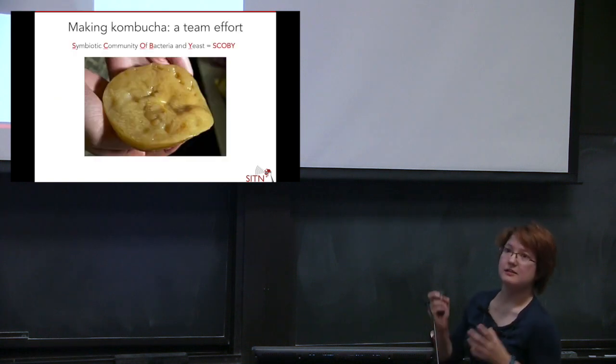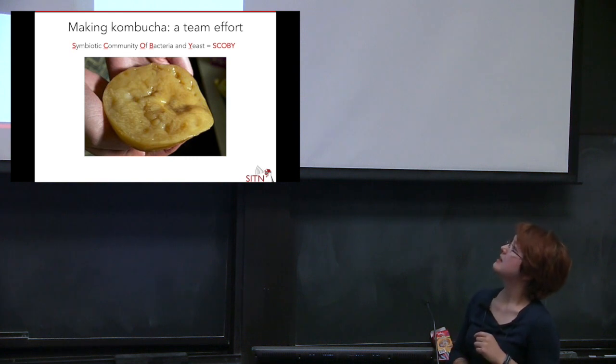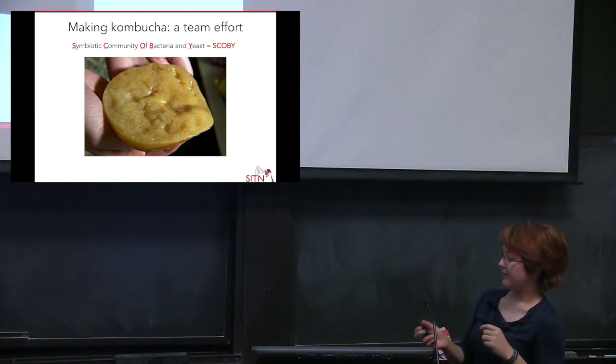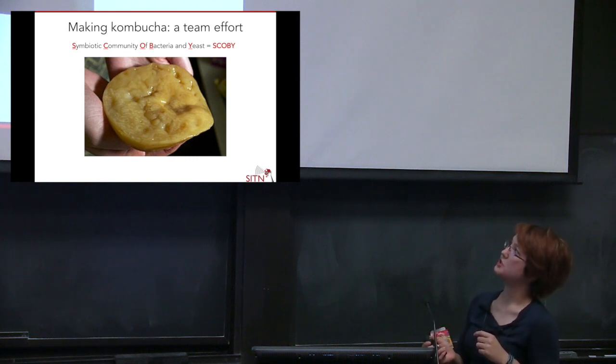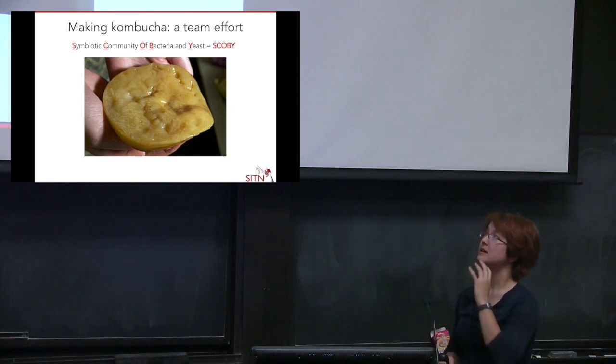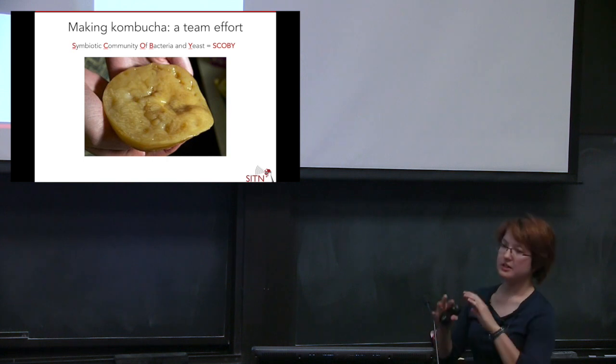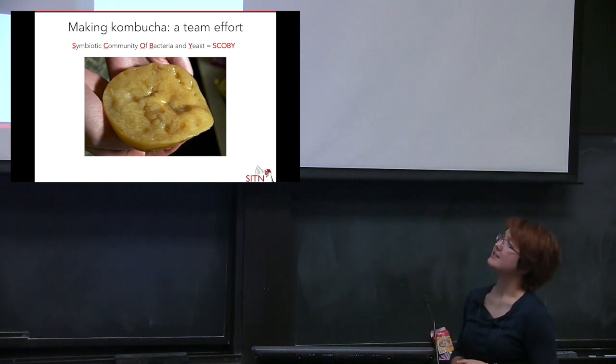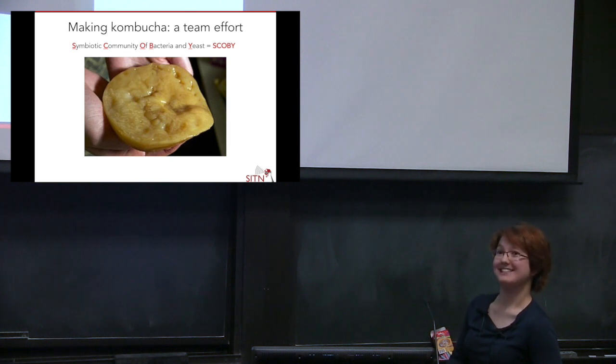Kombucha is made as a group effort of multiple microbes, so it's not just yeast this time. Here you can see a rather rubbery looking sponge type thing. This is actually a whole mat made out of microbes. It's known within the kombucha brewing community as a synthetic community of bacteria and yeast, also known as SCOBY. So this is your handy SCOBY friend.